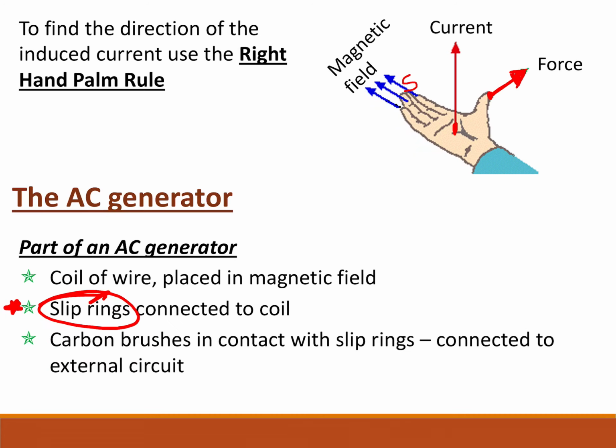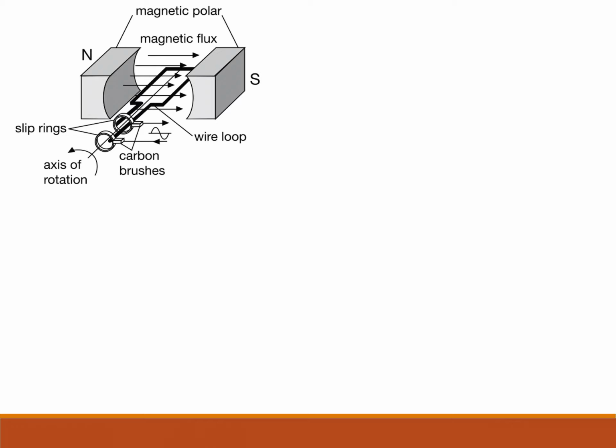Carbon brushes are then in contact with the slip rings in order to maintain contact with the circuit so that the current that's created in the coil or in the wire can be transmitted to the rest of the external circuit.